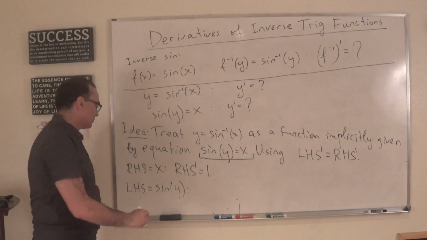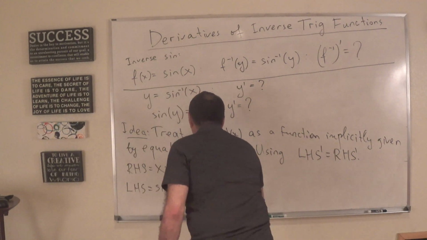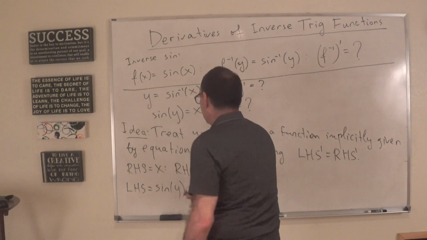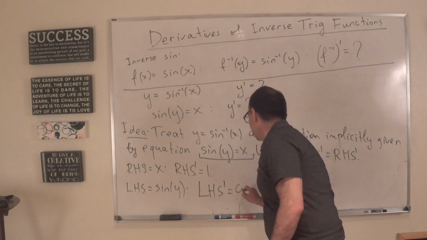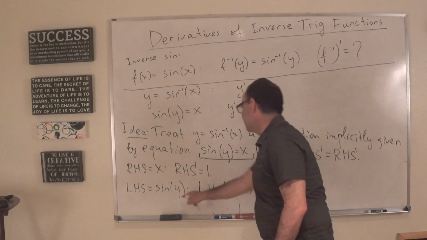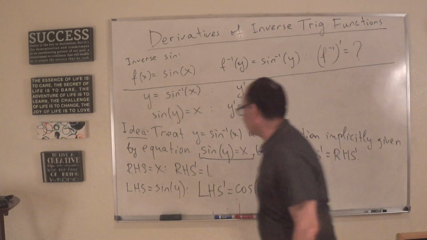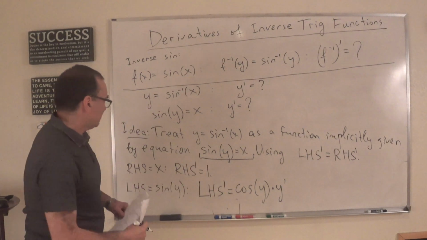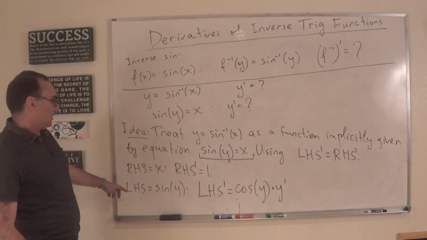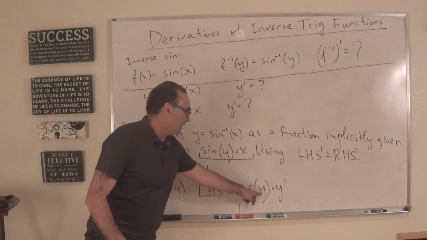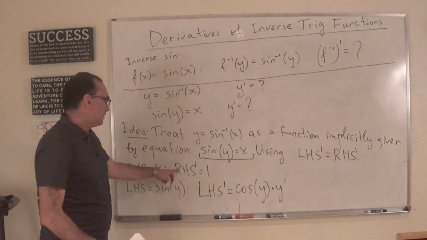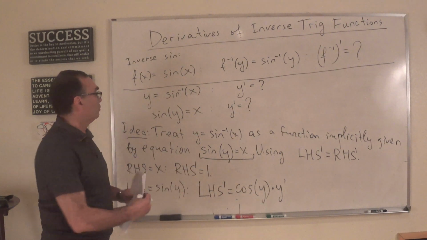So the derivative of sine is cosine, so the left-hand side derivative will equal cosine of y times y prime. Now here is what we have: cosine y times y prime equals 1.